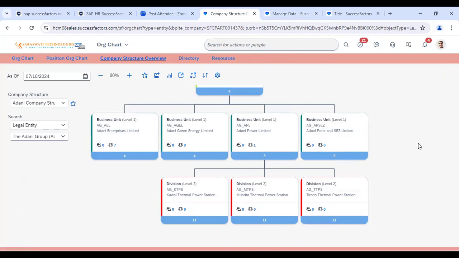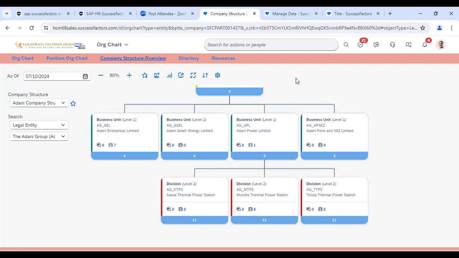So everything depends on this org structure. That's why yesterday I was focusing on the org structure, because whenever you are doing any implementation, this is very important. You need to understand the org structure of the company, what they currently have, maybe they are using SAP HCM, Workday, whatever they are using, and how the structure is defined in that company.